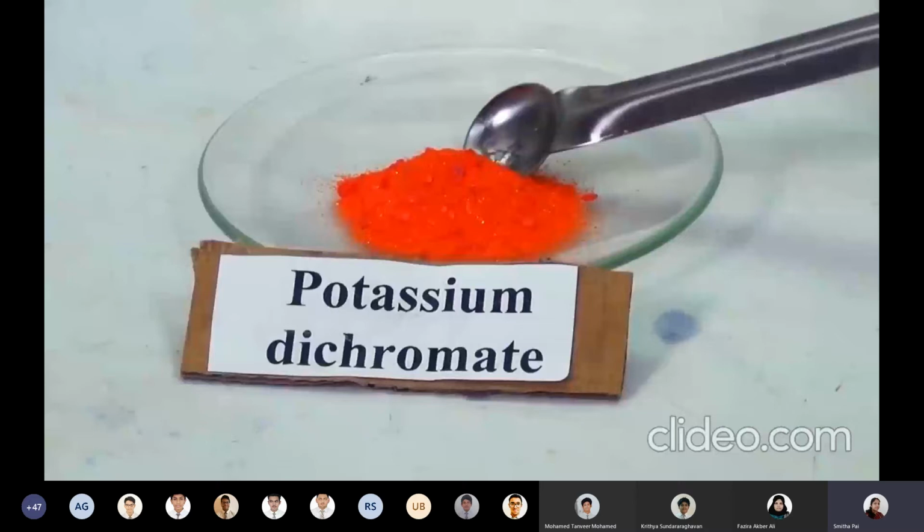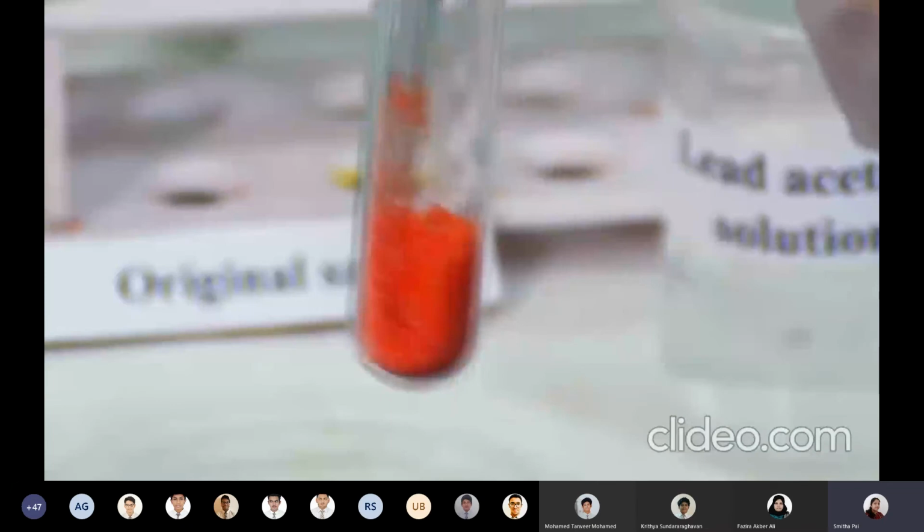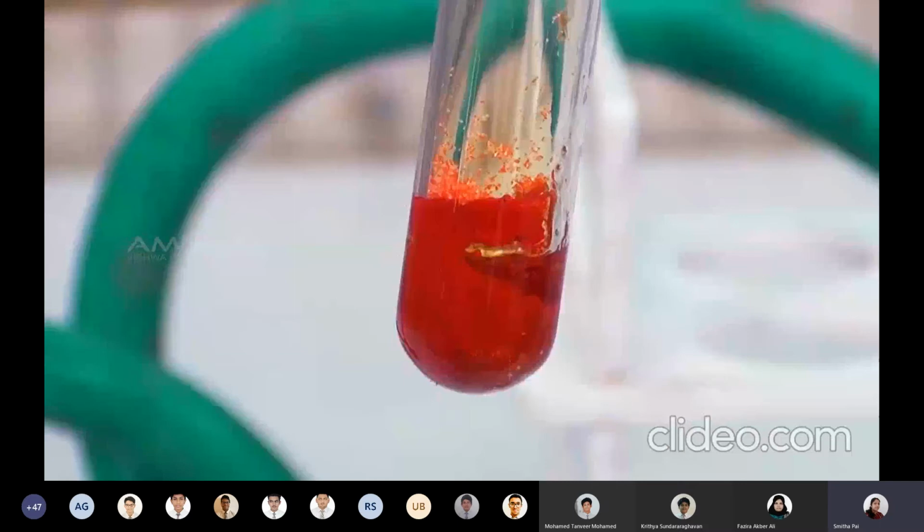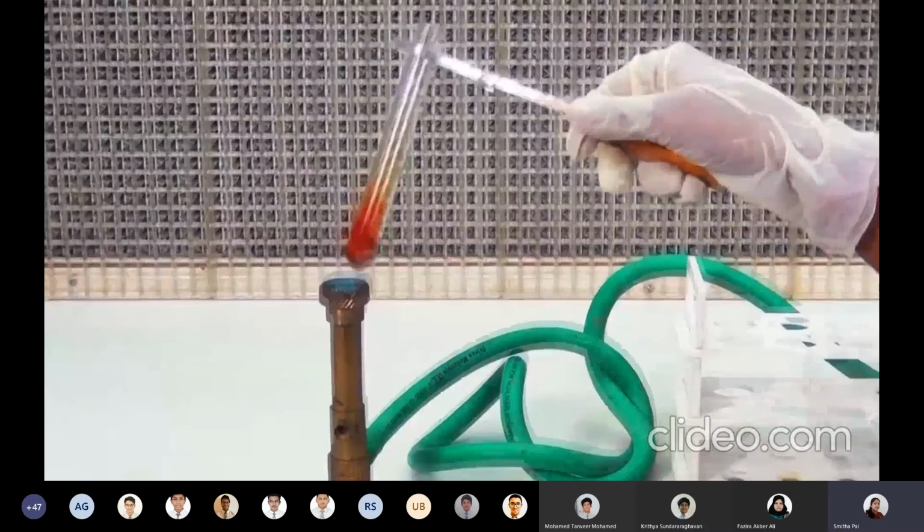Procedure: take a small quantity of the salt in the test tube. To this, add a small amount of powdered potassium dichromate using the spatula. Mix the contents of the test tube with the glass rod. Now, add a small volume of concentrated sulfuric acid into the mixture using a dropper. Heat the mixture over the Bunsen burner.